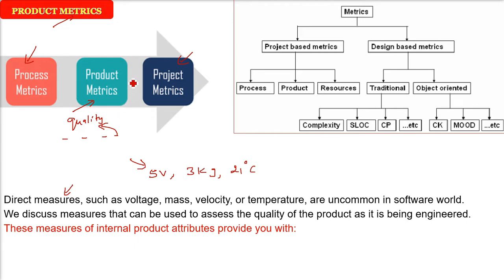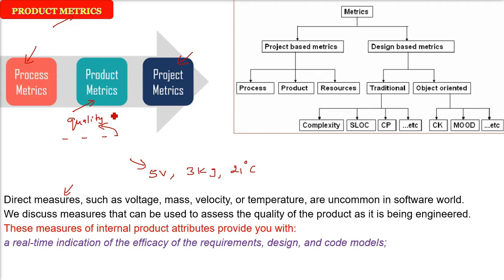As I said, when the product is being delivered or about to be delivered, before that we need to measure certain things. In the software life cycle, we have requirement engineering, requirement modeling, then design and architecture, then the code modeling. So for requirements, design and coding, these measures will give you a real-time indication of their efficacy.